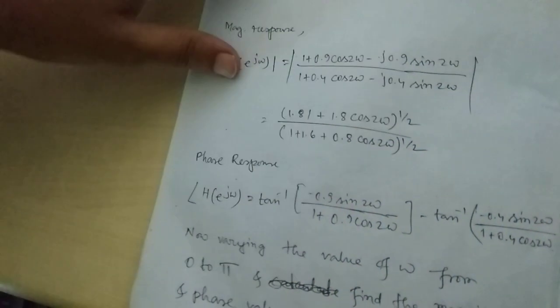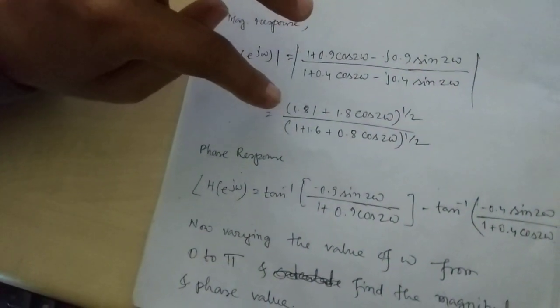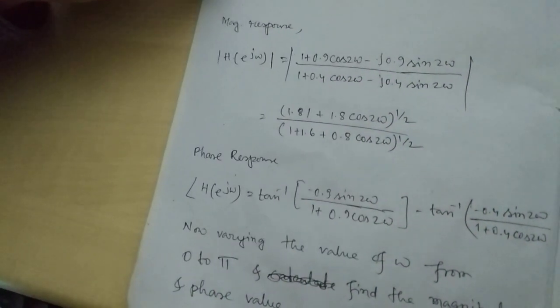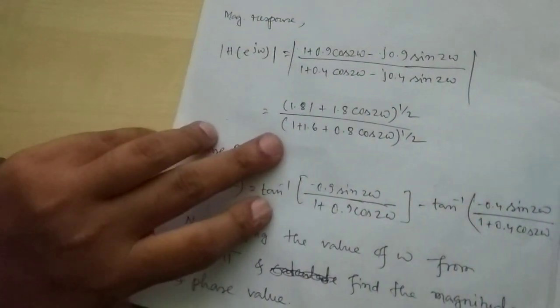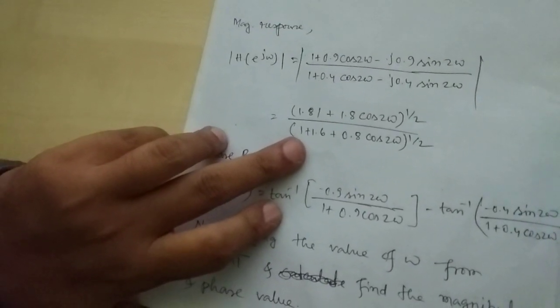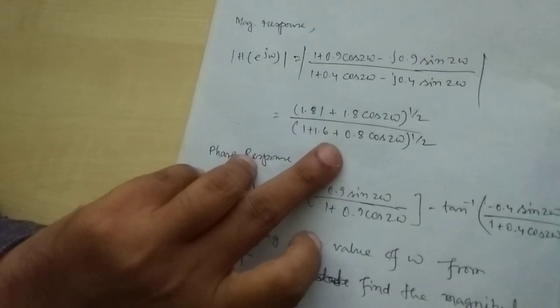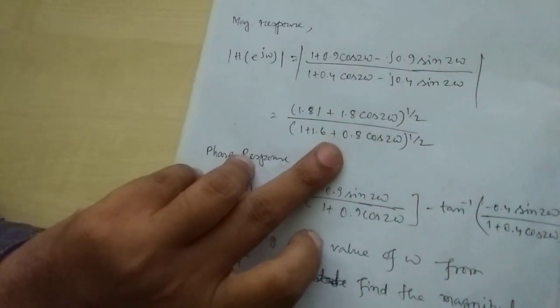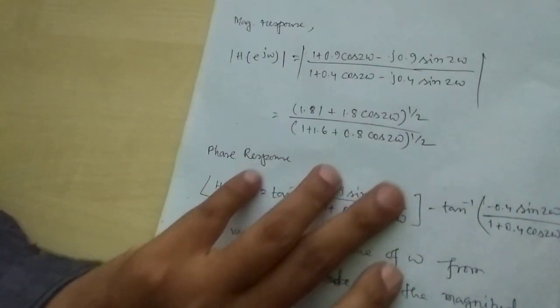Solving this, within the first bracket I will write 1.81 plus 1.8 cos 2 omega, whole power half, and then the denominator part comes 1.16 plus 0.8 cos 2 omega, whole power half.